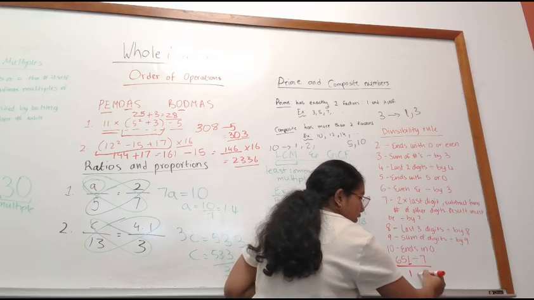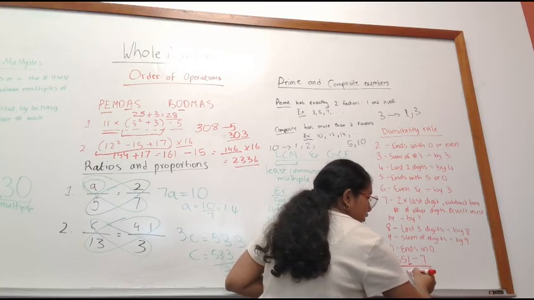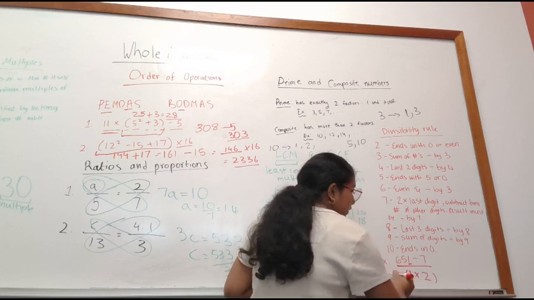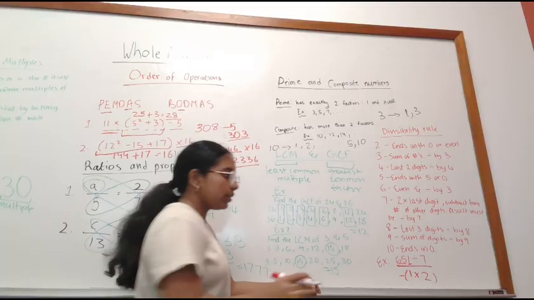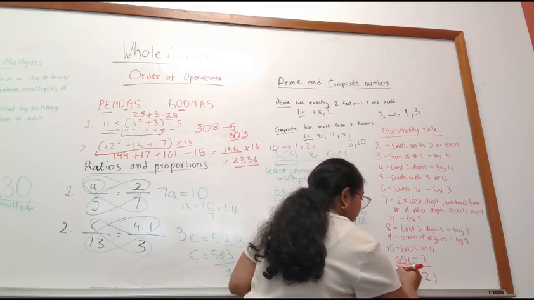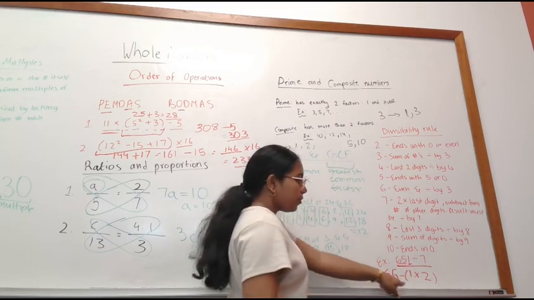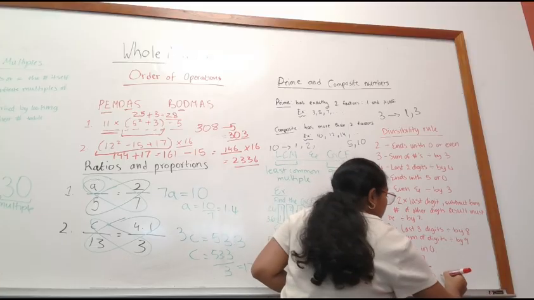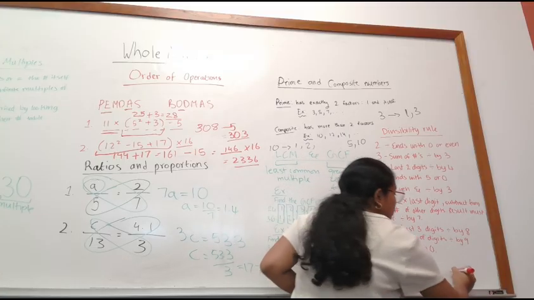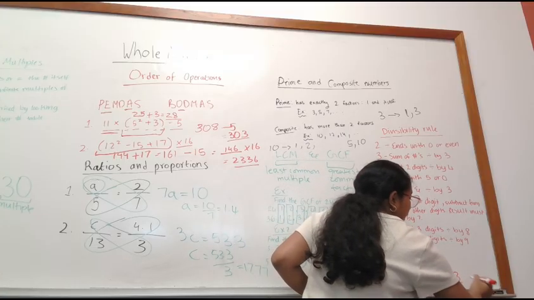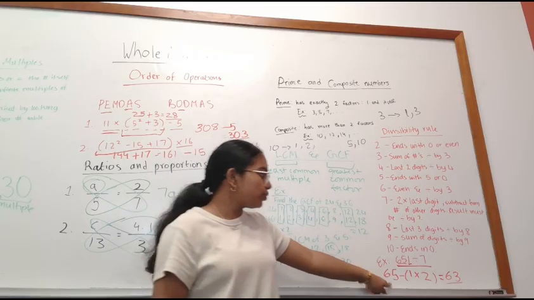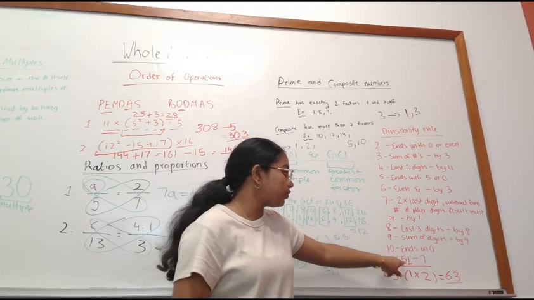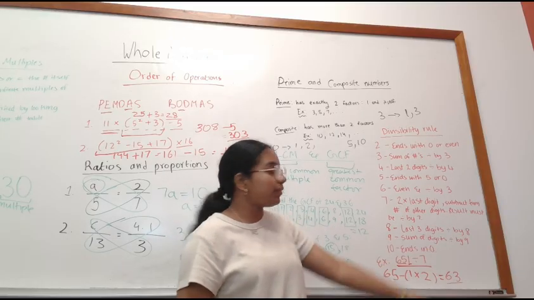So you say 1 multiplied by 2, and then you subtract that from the first few digits. In this case, it's 65. So it's 65 minus 2, which is 63. And you know that 7 times 9 is 63. So this is true, and 651 will be divisible by 7.